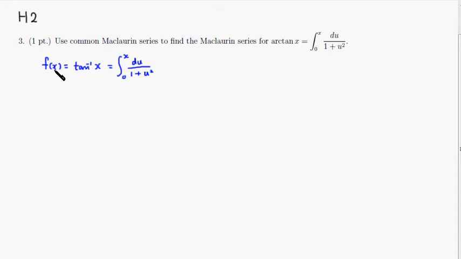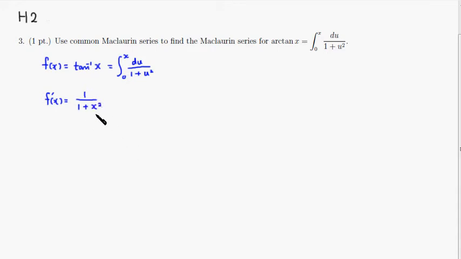Then let's take the derivative of this using the fundamental theorem of calculus. So f prime of x is going to be 1 over 1 plus x squared.